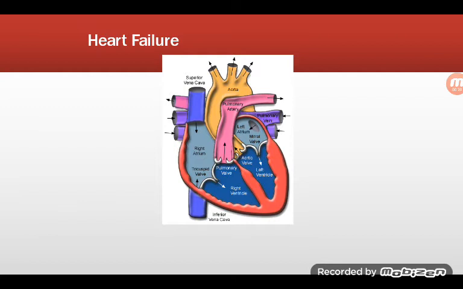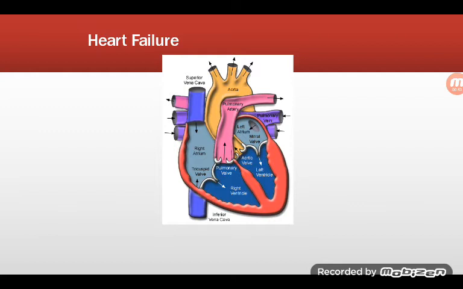We want to talk about a few things with heart failure, and the fact that heart failure makes a person really susceptible and really fragile when it comes to fluid. So when we're giving fluid to someone that has heart failure, you want to make sure that we're giving less fluid than the normal person, and that we're giving it a whole lot slower than we're giving to somebody with a healthy heart.